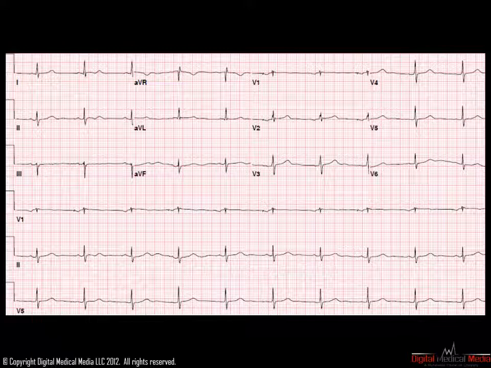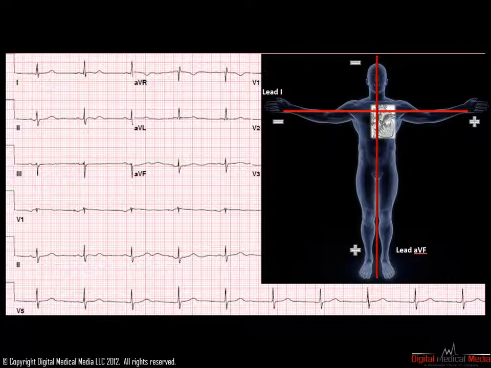Overall, the volume of the S wave is greater and negative than the volume of the R wave. Therefore, AVF is ever so slightly pointed in the negative direction. Combine the positive value in lead 1 with the somewhat negative value in lead AVF, and the axis here is approximately negative 20 degrees.